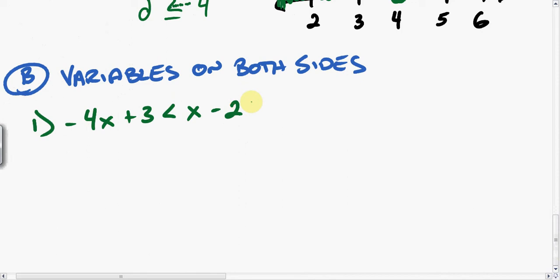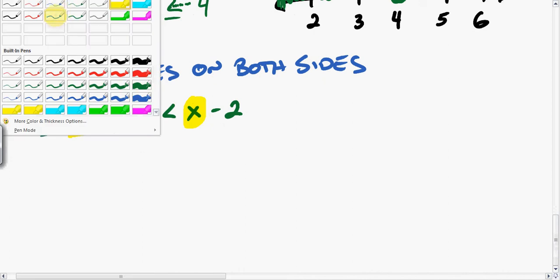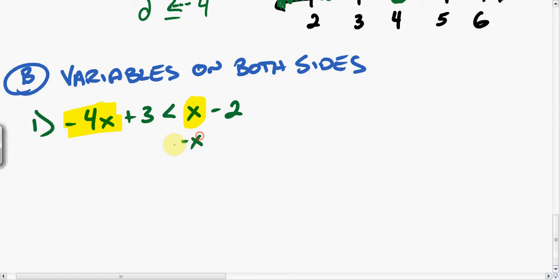I want to make sure I combine like terms. I can see I've got negative 4x here, so I want to find another term that also has an x, and that's just x here. So I want to combine those. I'm going to subtract x from both sides.